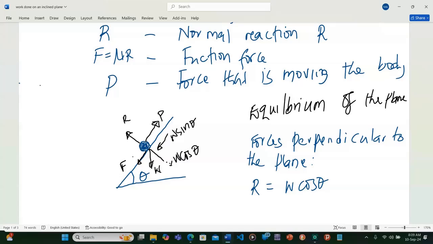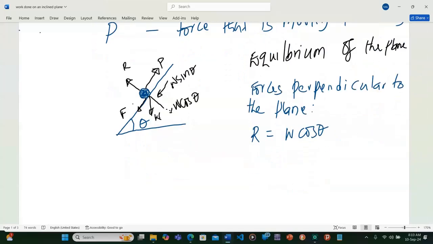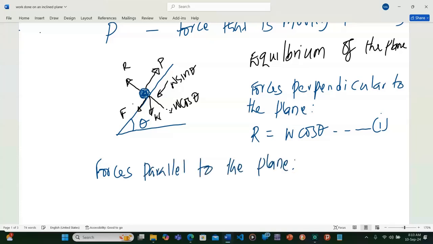Let's make this equation 1. Then we look at forces parallel to the plane. We have P, we have F, we have W sine theta. So if I talk about balance, then at equilibrium P will equal F plus W sine theta.